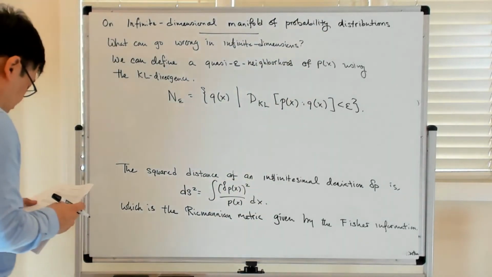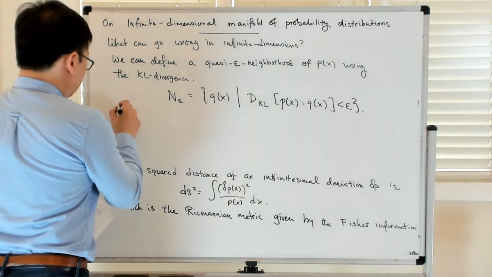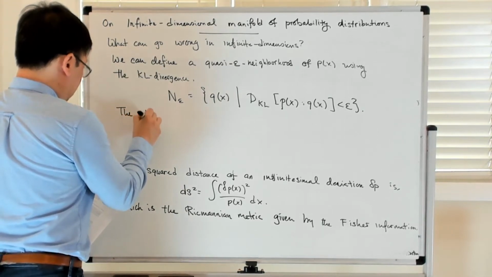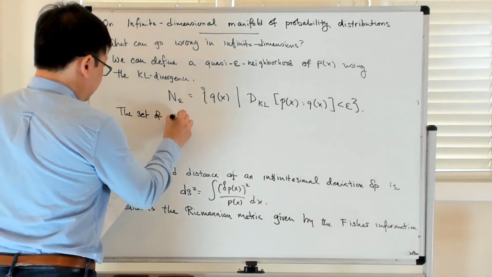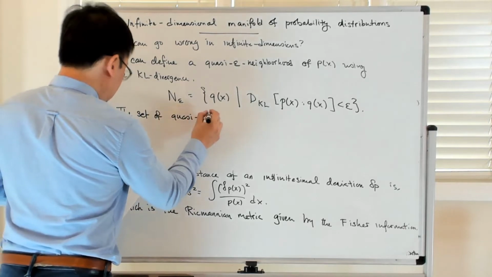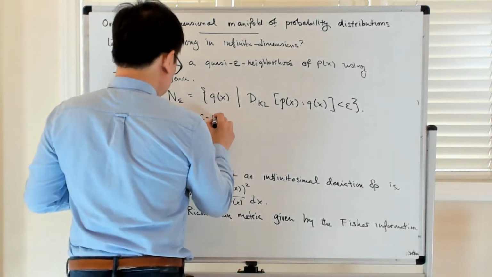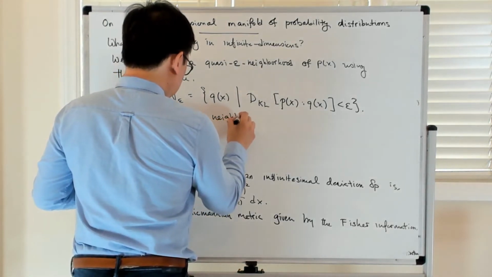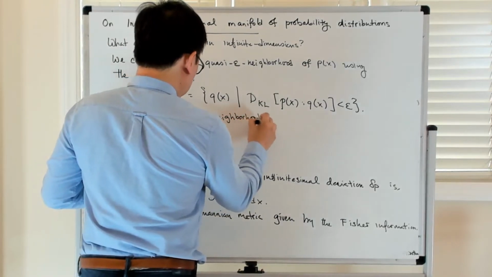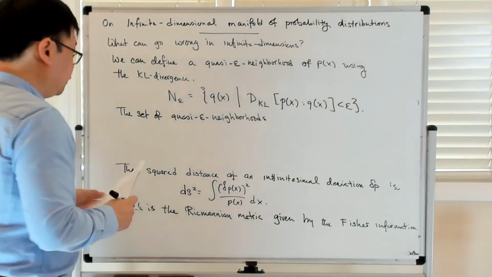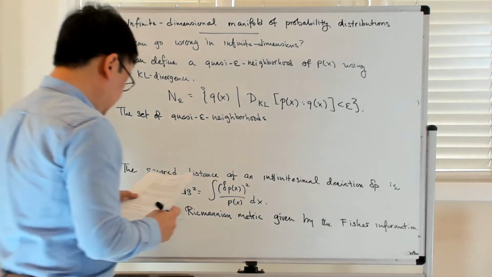Very natural so far. So the problem is that the set of quasi-epsilon neighborhoods does not satisfy the axiom for a topological subbase.